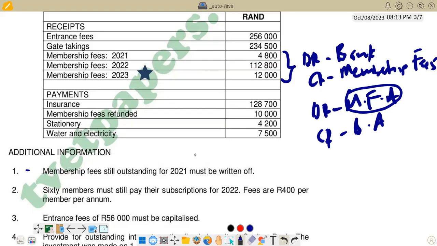So if you come here, we have the membership fees that were there in 2021. We have 4,800 there. That is the amount of membership fees for 2021 that we received. But what we were supposed to receive is mentioned in the balance there.